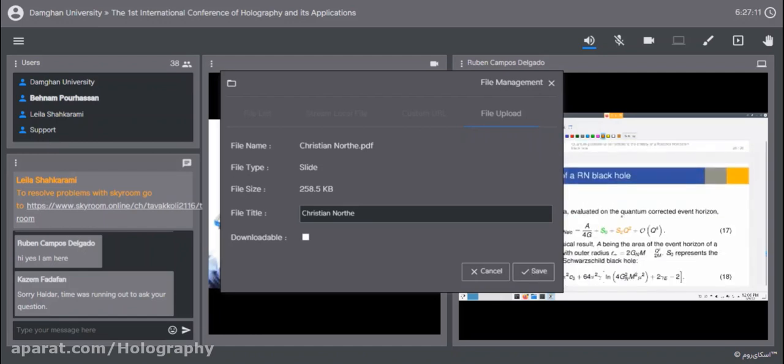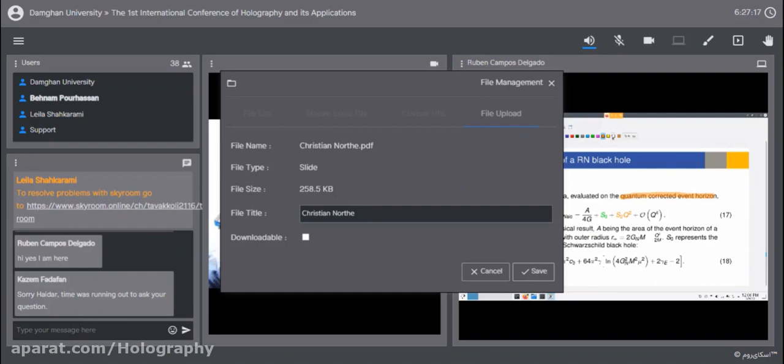If we use the Wald formula evaluated on the quantum corrected event horizon that we have found before, then we see this result. So the first term is the usual Hawking term, so the area divided by 4G, which is the classical result.